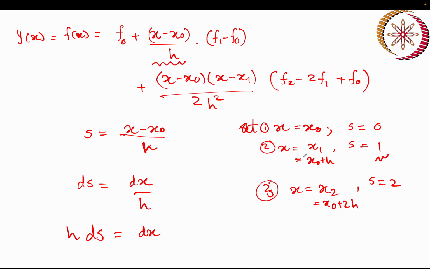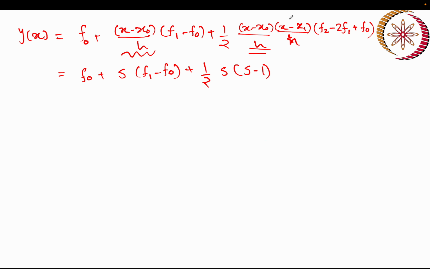This one is coming from this, so you can simplify and check by yourself, and it will be (f2 minus 2 f1 plus f0). Okay, now we have got y as a function of s here.